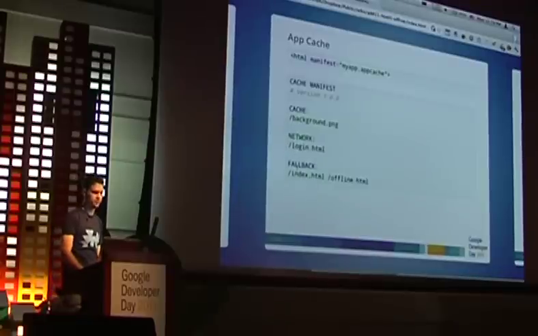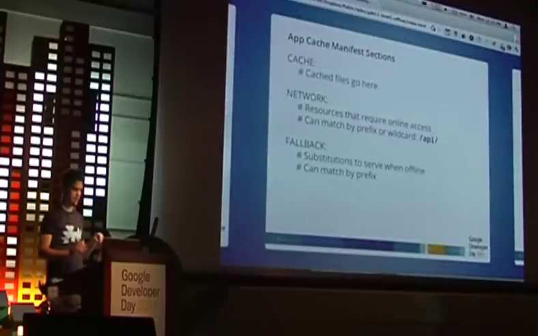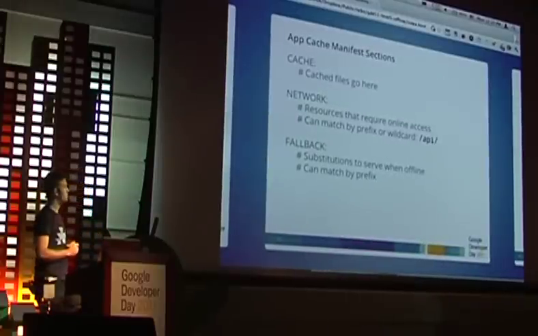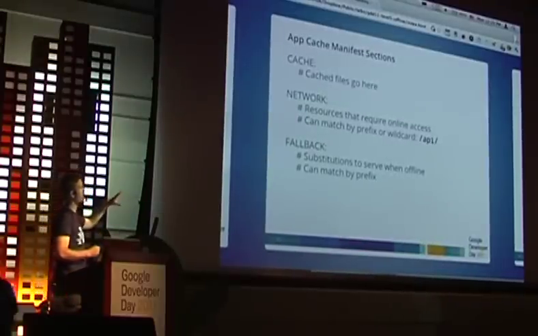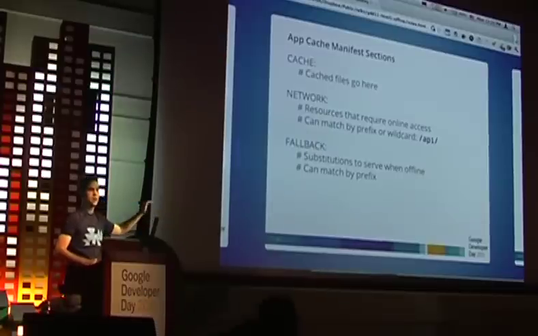And then we have 3 sections inside of it. And in each of these sections, cache, network, and fallback, we're listing out different files. All right, I'm going to explain these sections now. So the 3 sections are cache, network, and fallback. Cache is a whitelist of files that will go into the application cache.